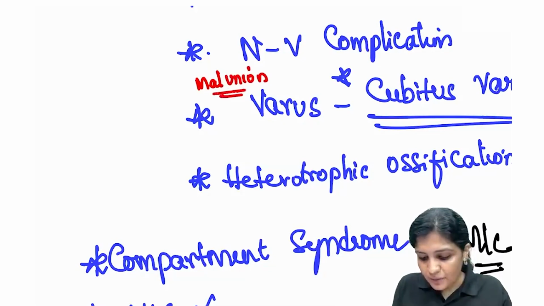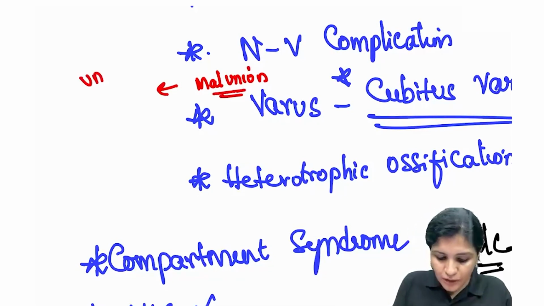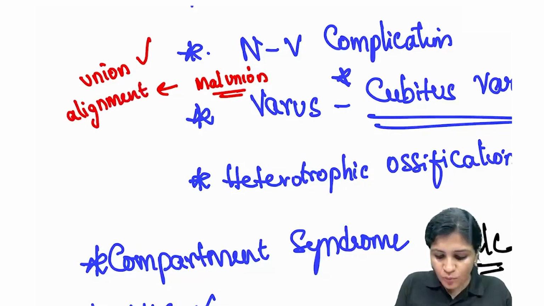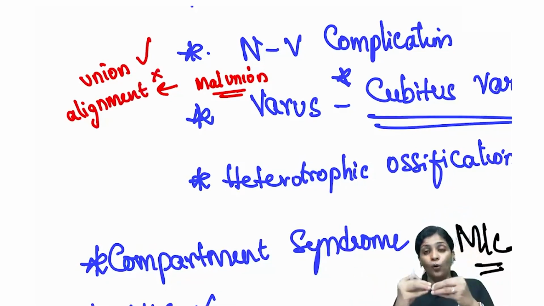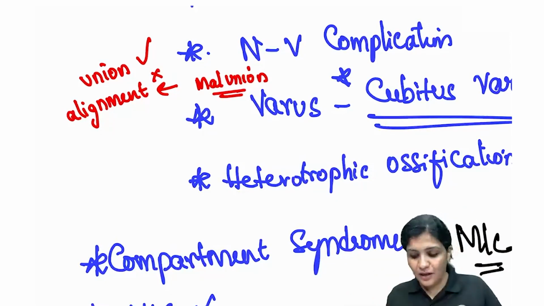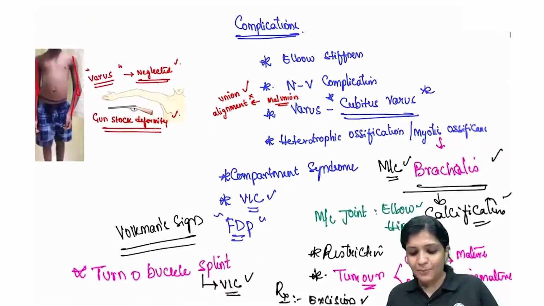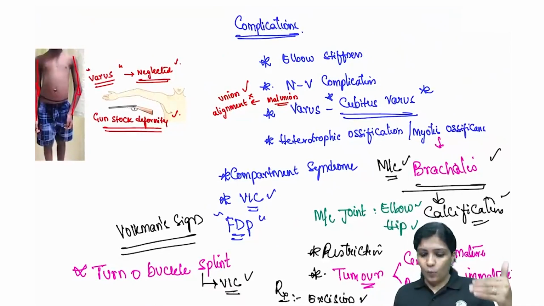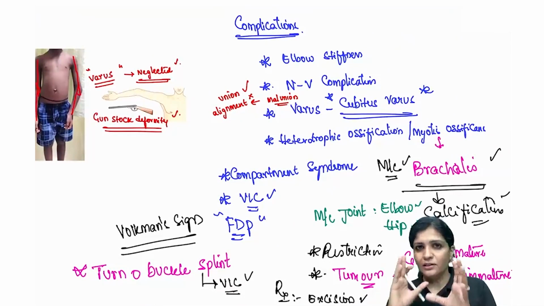What is malunion? Whenever there is union but alignment is damaged, when the fragments are not united in alignment, this results in malunion. The example of this malunion is your varus, right?